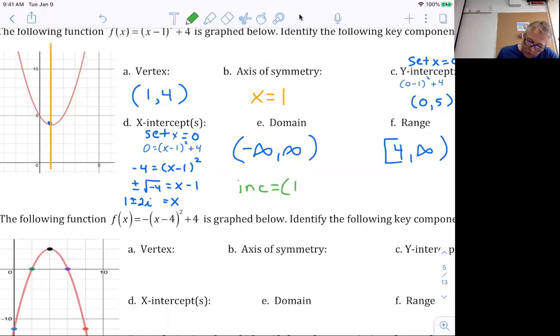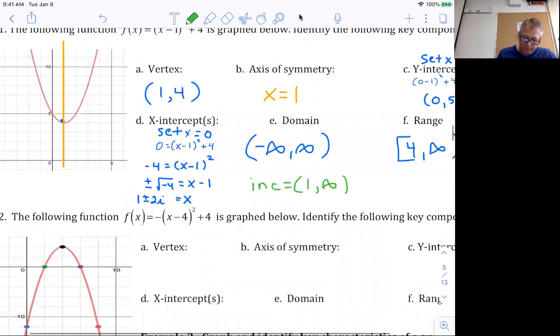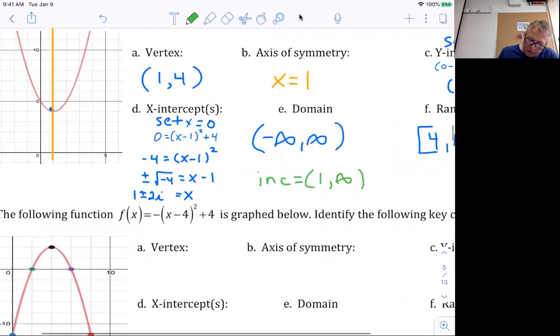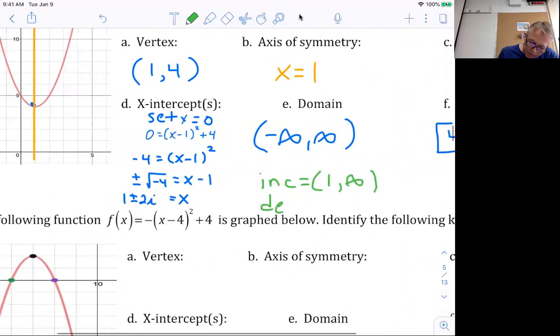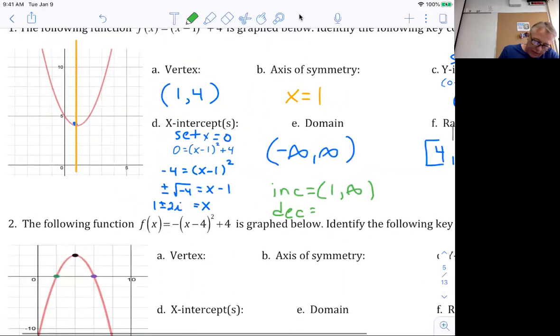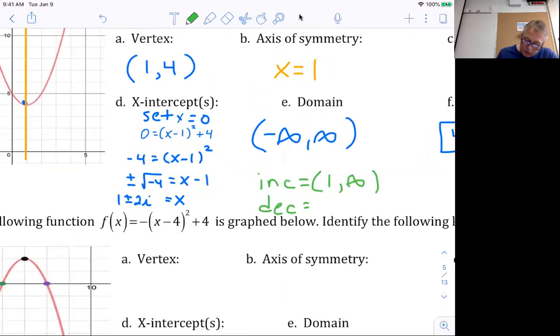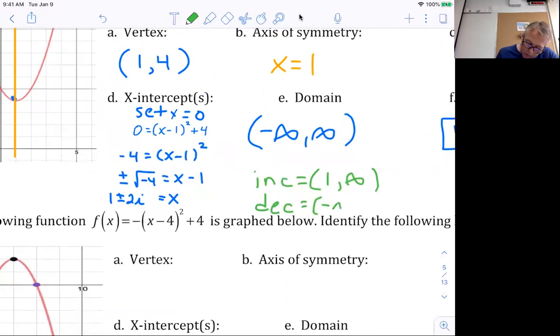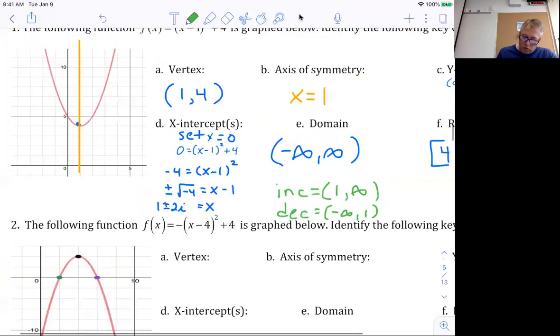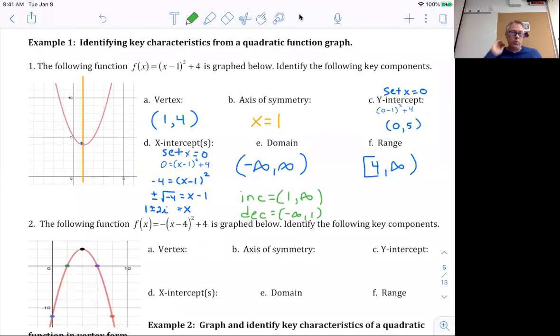It's increasing from 1 to infinity. And the function is decreasing here. So it's decreasing from negative infinity to 1. So remember, when we write those intervals, we're using the x values.